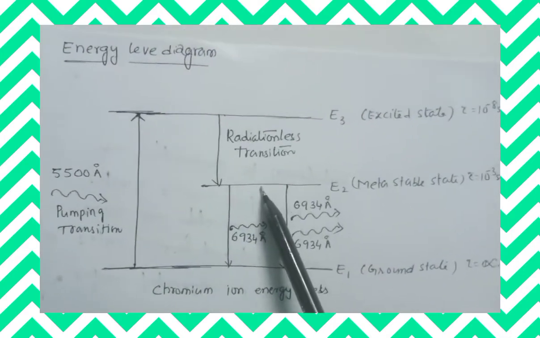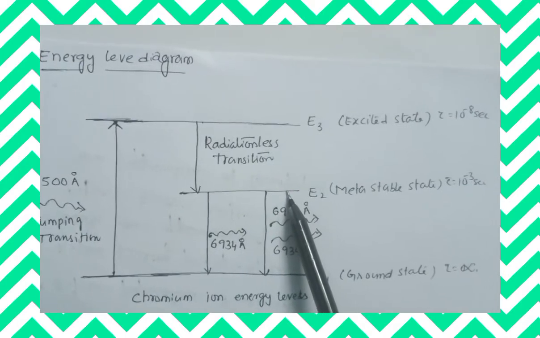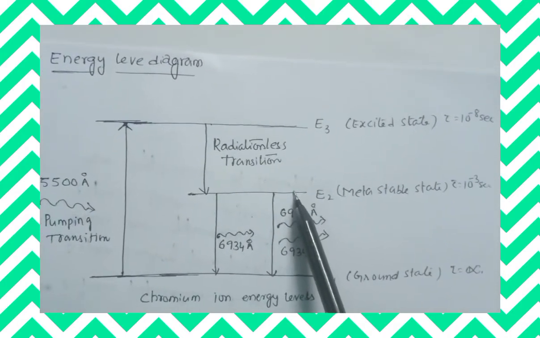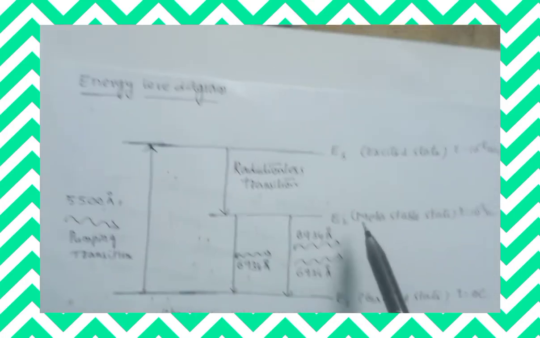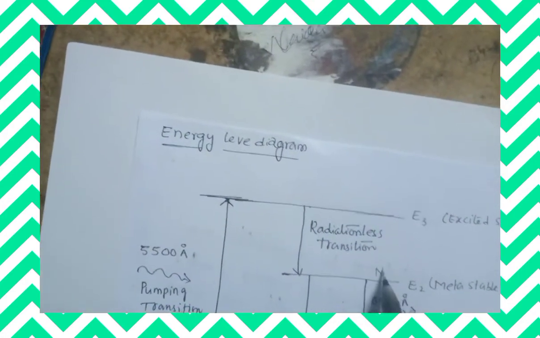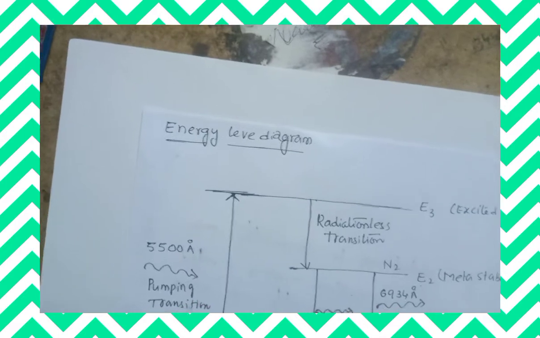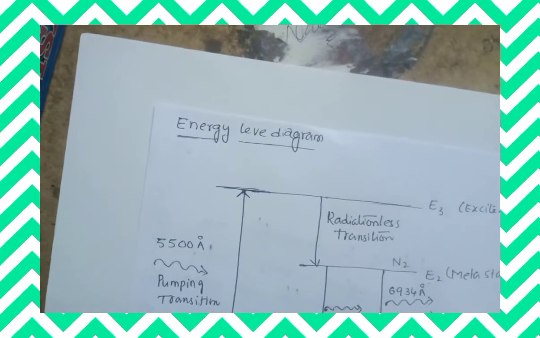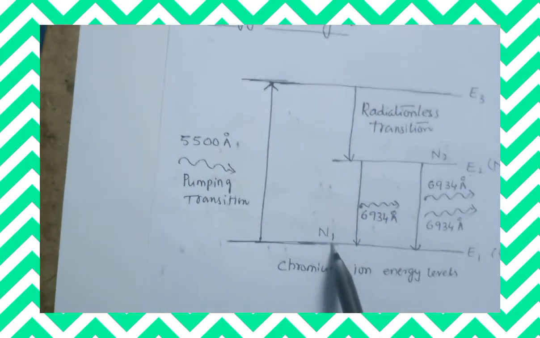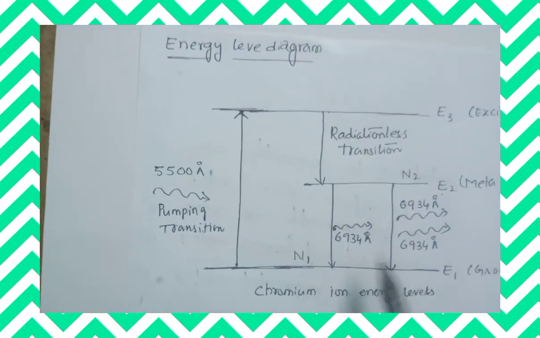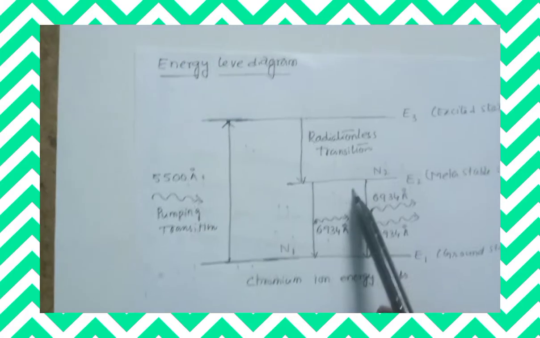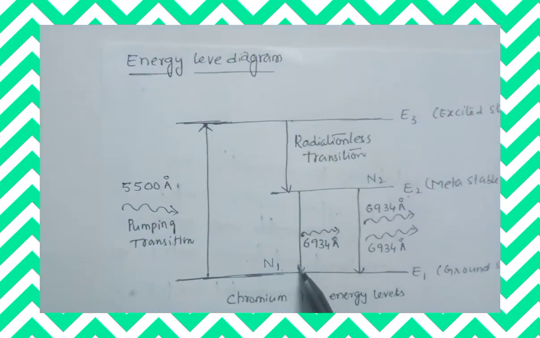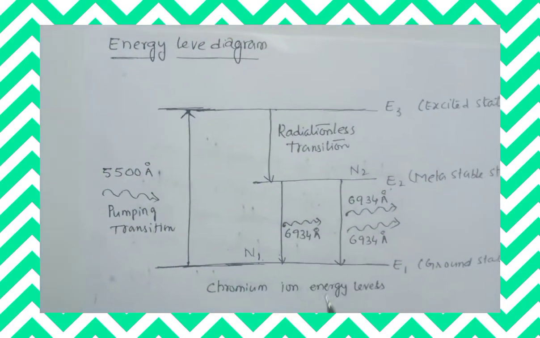After some time, the metastable state is also not a stable one. The important thing is that the number of chromium ions in the E2 state is greater than the number of ions in energy level E1. That is, we have achieved population inversion. Once we achieve population inversion, the system is ready for laser action.